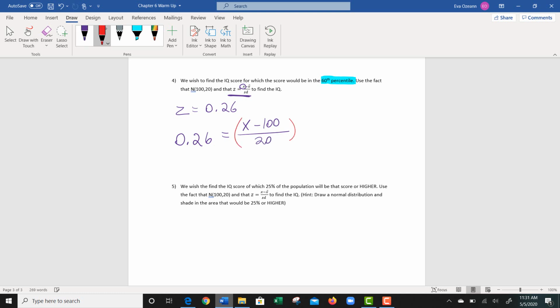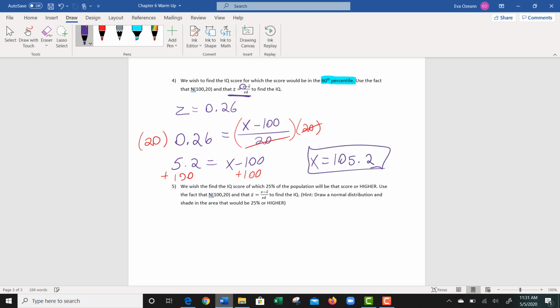Now I just need to solve for x, so I multiply both sides by 20. Those will cancel out. I get 5.2 equals x minus 100. Add 100 to both sides, and that IQ score will be 105.2.